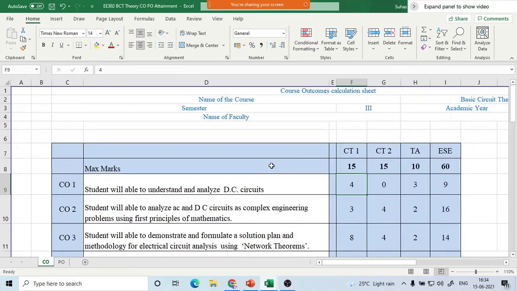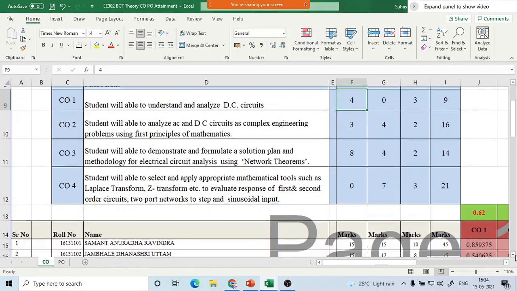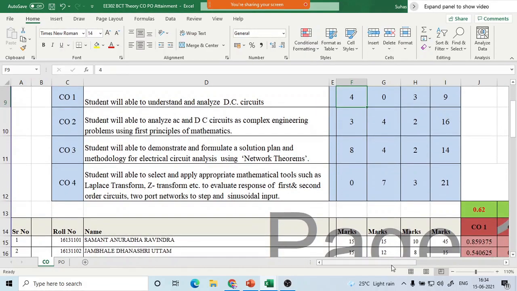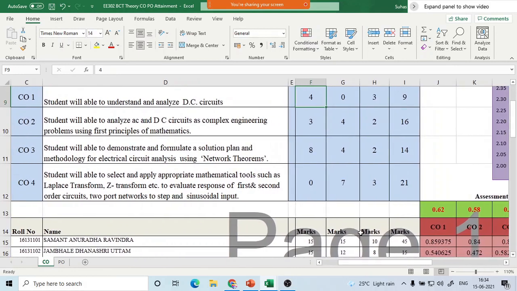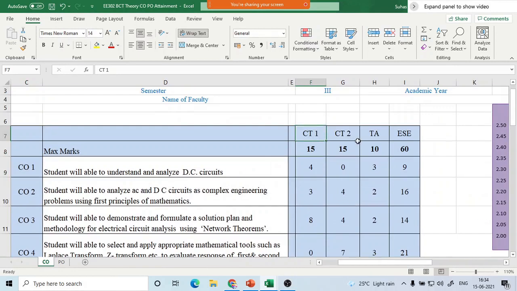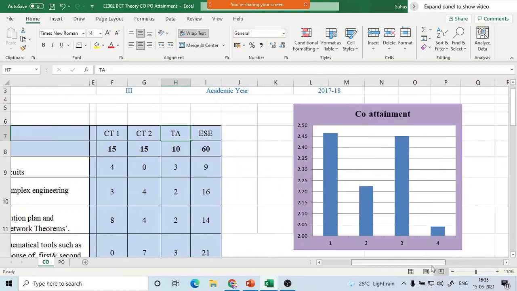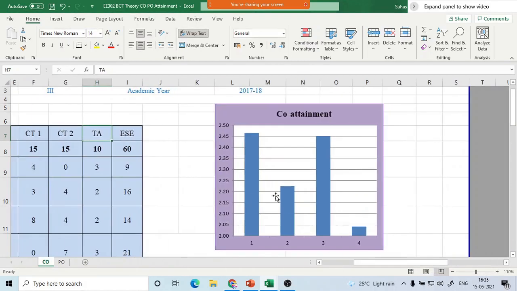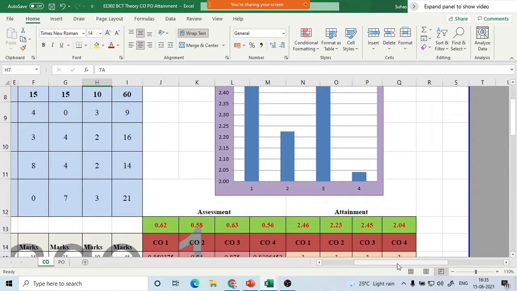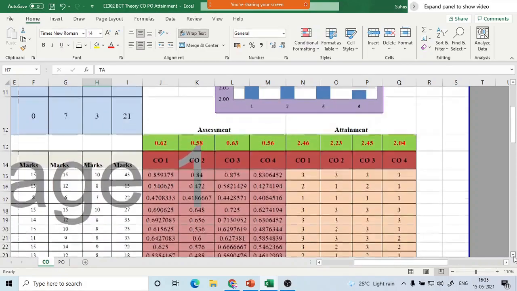where you are going to create numbers, or determine the final outcome. In this case, we are conducting CT1, CT2, TA, and ESE, and you want to measure the attainment level.